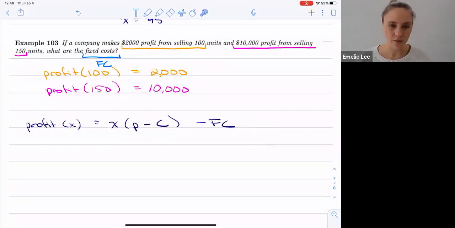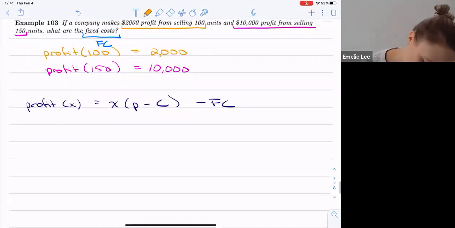There. So we have two profit values, but we also have two values of X. So I can replace this profit of 100 with, and I know the X for this value. It will confuse you a little bit because you've got P minus C, but the P is the same. The price that you're charging per unit is the same, and the cost per unit is also the same for each of these scenarios. And so what's going to happen is they'll cancel out.